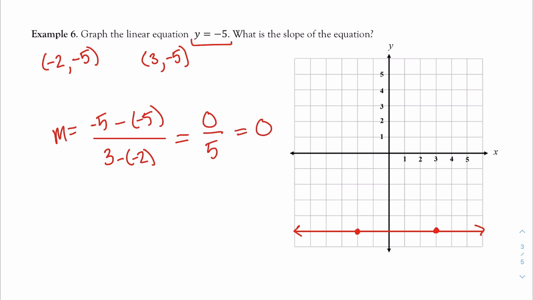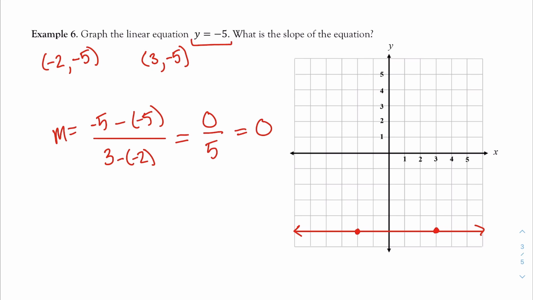So in either case, I can figure out that my slope is 0. This also tells me from this example, if you ever have y is equal to a number, no x's or anything like that, then I am expecting a flat line. Thus, we are done with example 6.